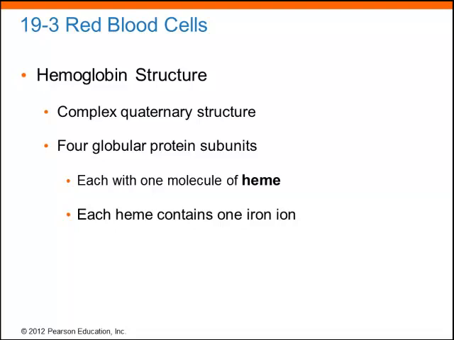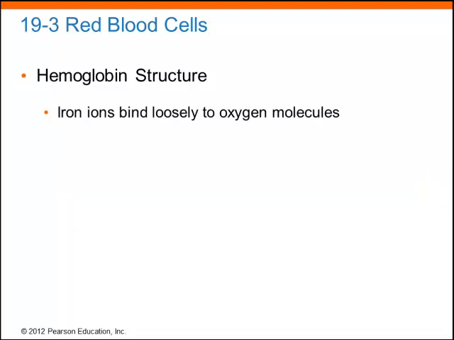Each of those 4 subunits has a heme in the middle, and each heme contains 1 iron. The iron is responsible for binding the oxygen molecules, and we would say it binds it loosely so that you can understand that when the oxygen concentration is high, such as in the lungs, the iron will avidly grab the oxygen. But when the oxygen concentration drops, as it does in your tissues, then some of the iron molecules will give up the oxygen that they've been carrying.